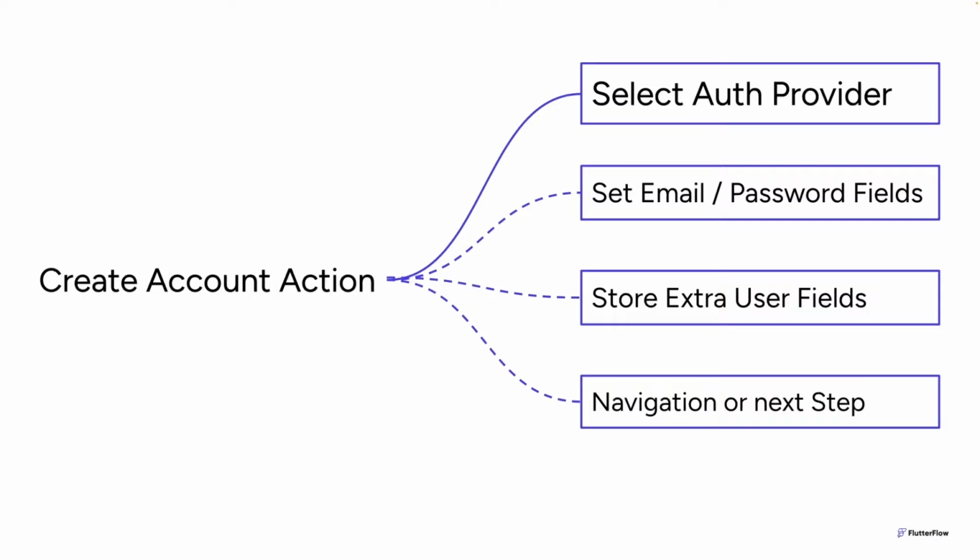Optionally, you can also register extra information depending on your use case or app. Sometimes you have to store extra information in a database. You will learn about databases in Module 15. And finally, the next step is the action after account creation, such as redirecting to the product list page from the login page or showing an error message in case of failure at creating an account.